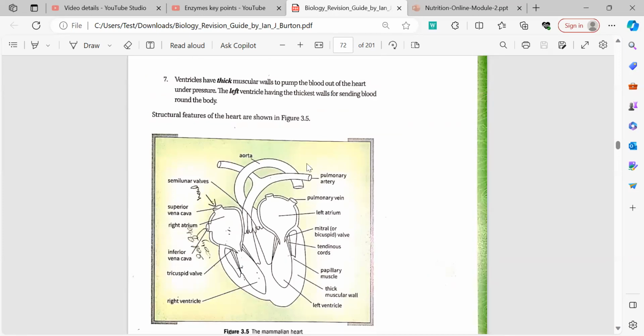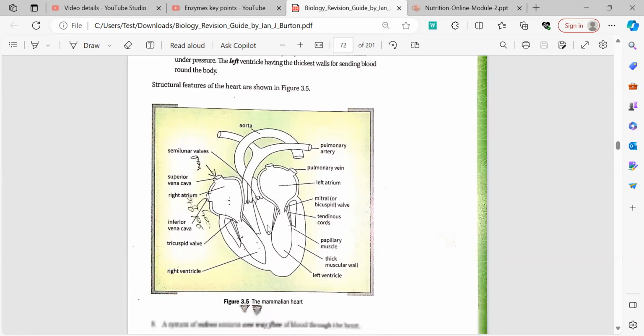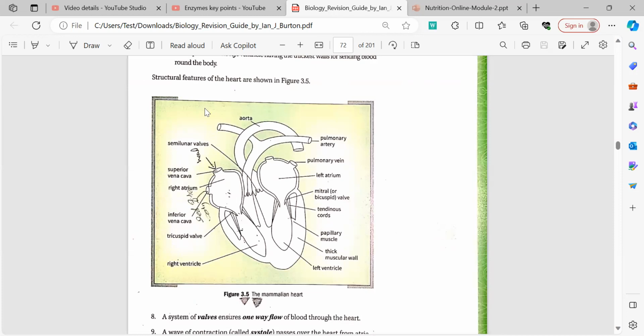The same thing has been depicted over here. Now this figure is also extremely important. The labeling of these blood vessels often comes in the exams: which blood vessel is this? We need to know that this is the aorta and this is the pulmonary artery. What's the trick? We need to understand where it's originating from.